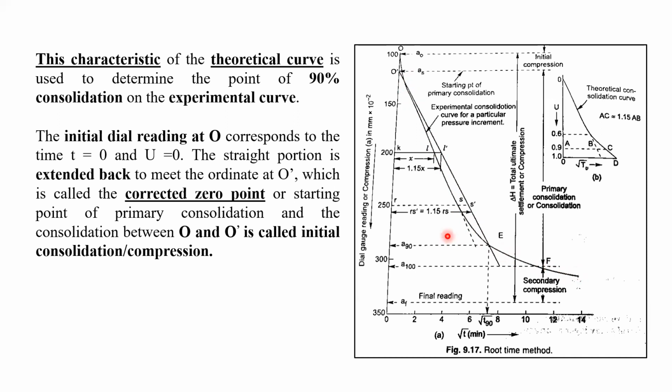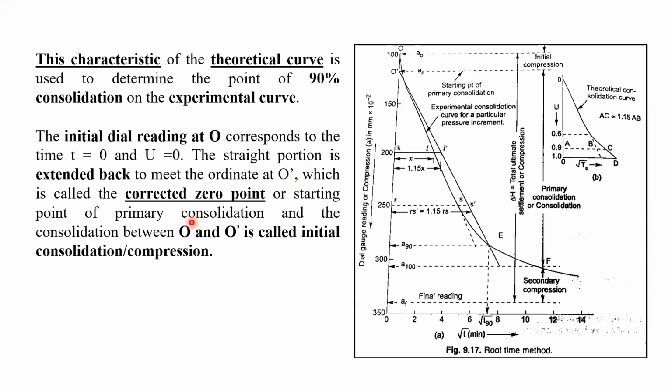This straight line will be extended back, because the original curve starts from O. This straight line cuts at O dash, which is called the corrected zero point, or the starting point of primary consolidation. You can see the primary consolidation graph is from here up to this point.